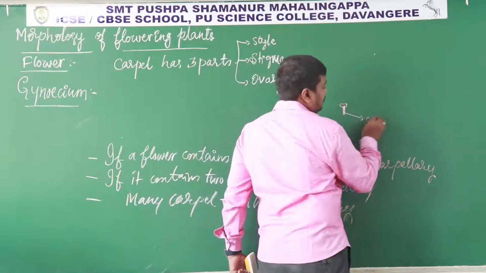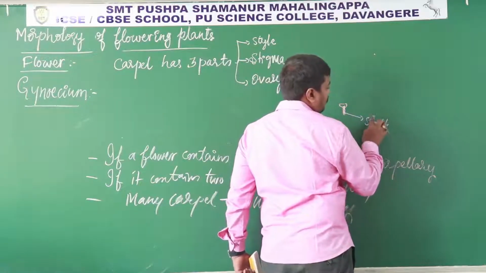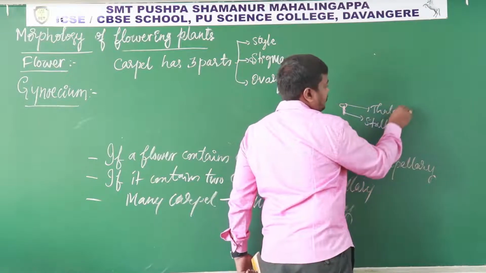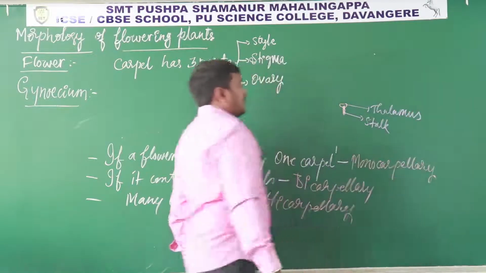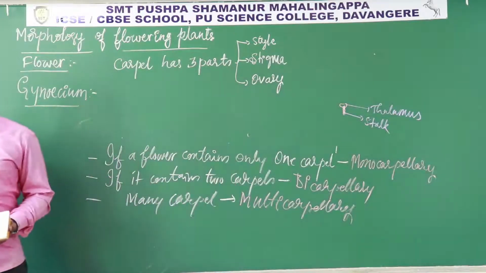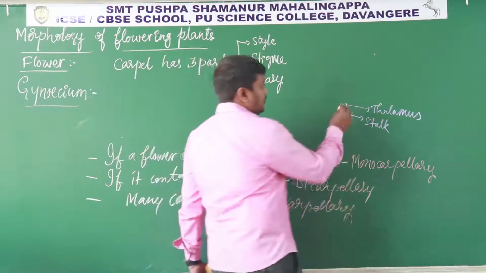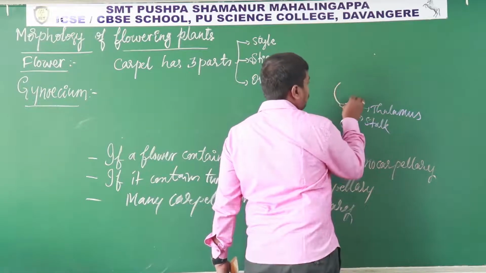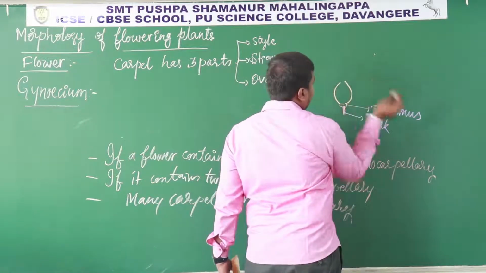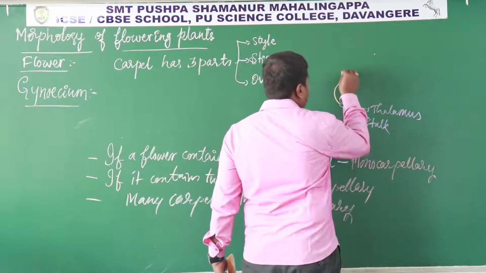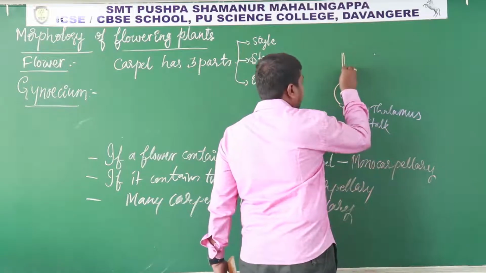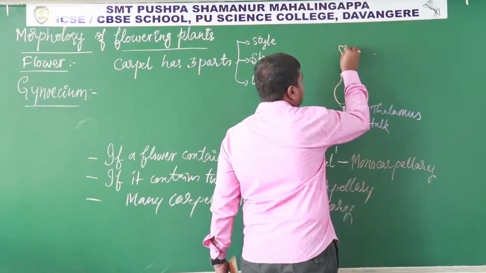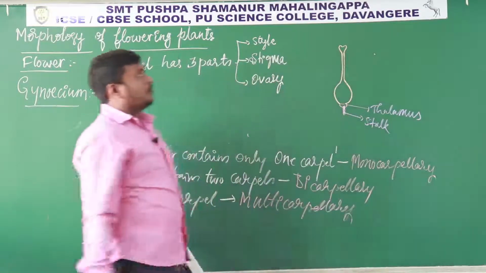This is the stalk and this is the thalamus. The ovary is a slightly swollen part, and it has a long, elongated neck-like structure, and at the tip it shows some bulged portion again.